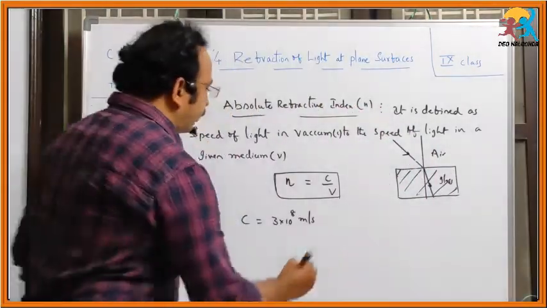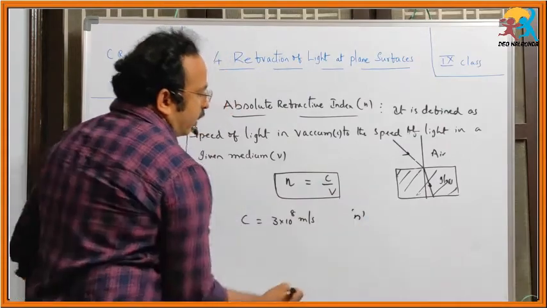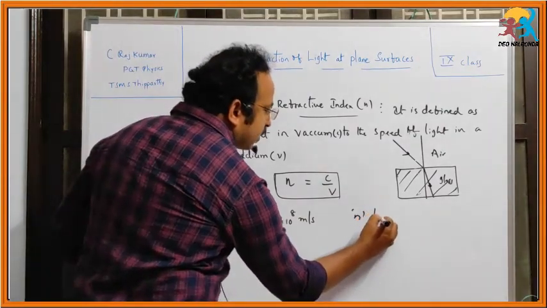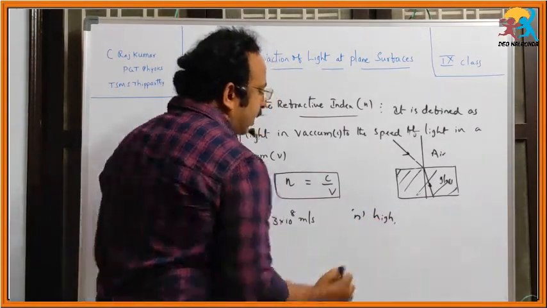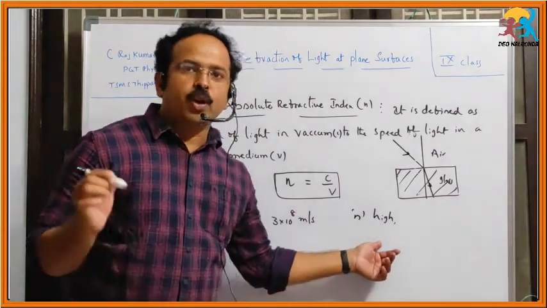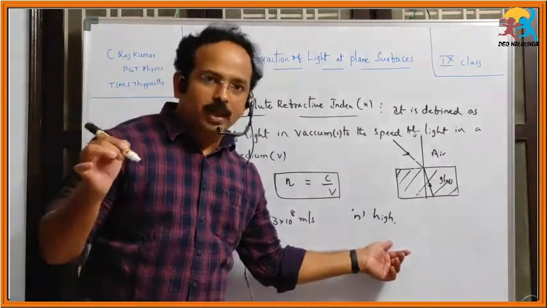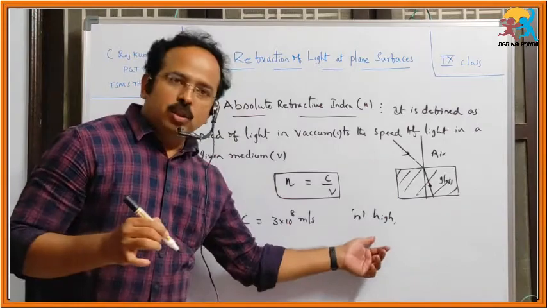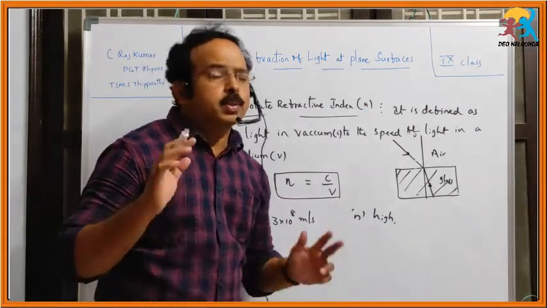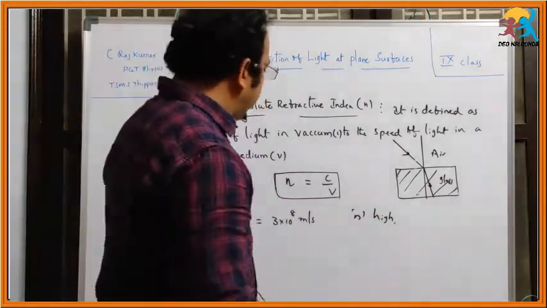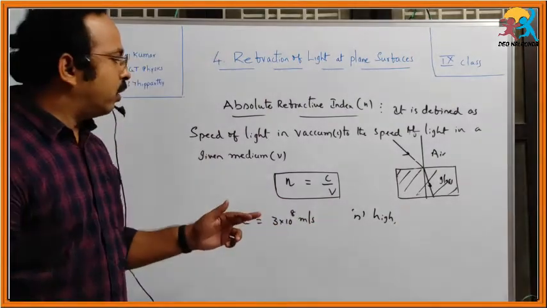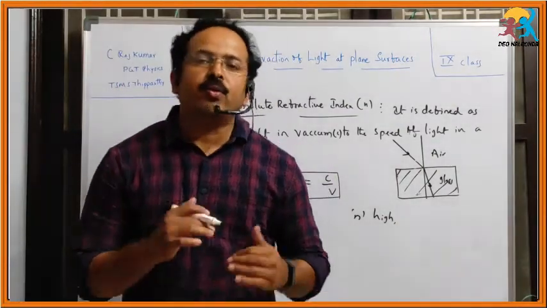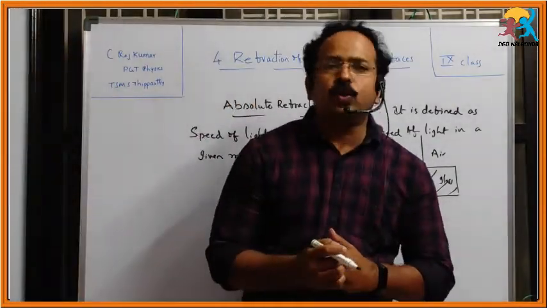If n is high, it indicates that in that medium the speed of light is low, it goes with less speed. If n is small, it indicates the speed of light is more. So n tells you whether light is going fast or slow in a given medium.